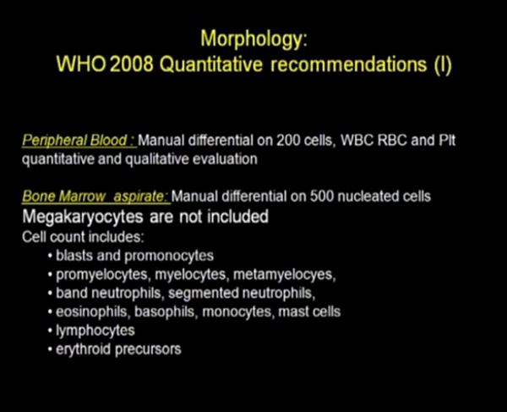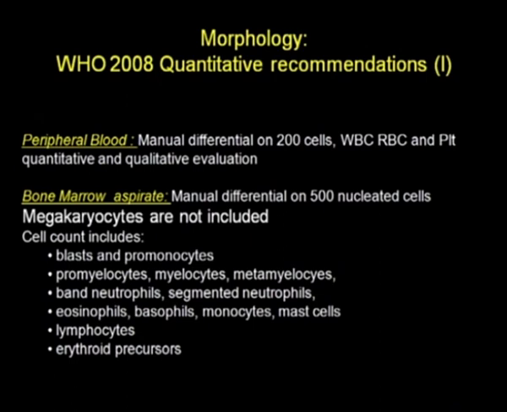And this is very important to obtain accuracy and reproducibility, especially in cases with a low percentage of blasts. Moving to the bone marrow aspirate, again in this 2008 classification it is well underlined that a manual differential should be performed on at least 500 nucleated cells.